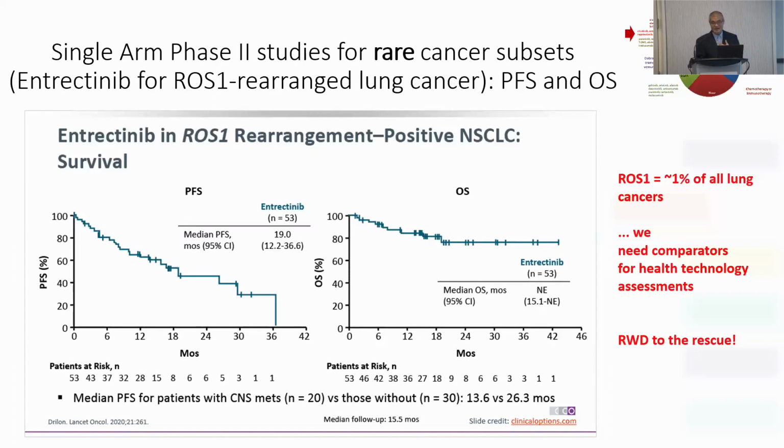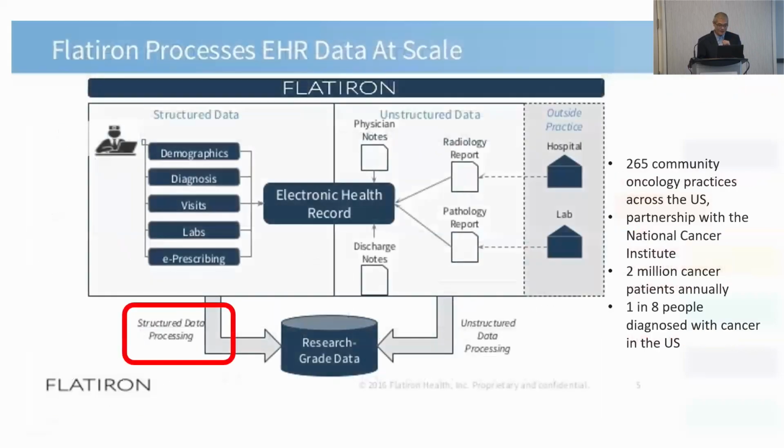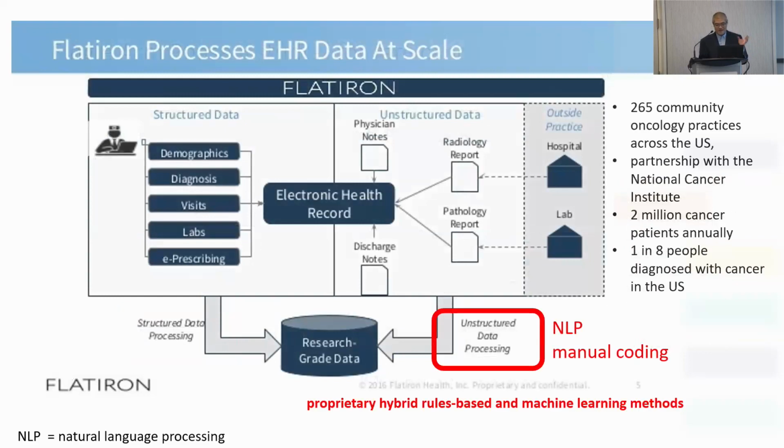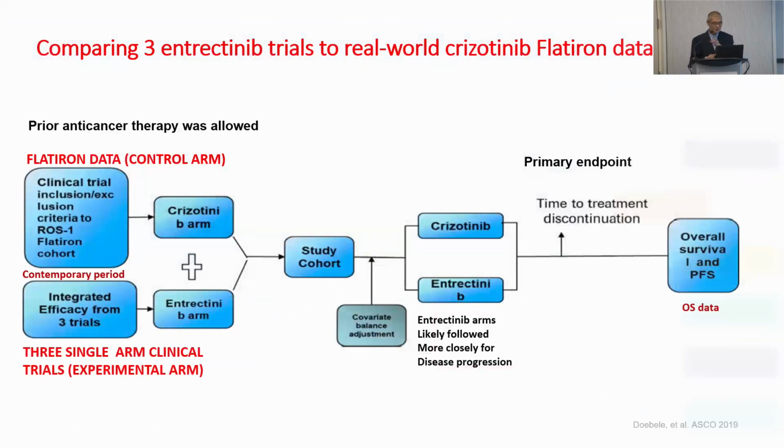So in places like Canada, we cannot approve any of these drugs without some of these analyses being performed anyway. So in this case, a group used the Flatiron, which I think all of you are aware of, and looked at their structured data and then tried to deal with the unstructured data and process it in one form or another.